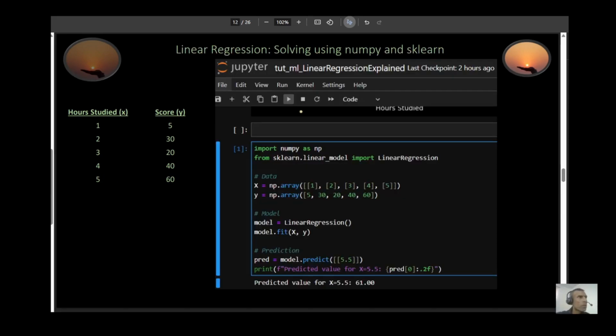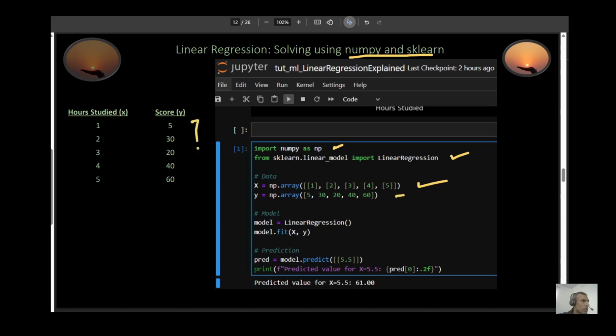You can also solve this problem using the NumPy and scikit-learn packages available in Python. So what I'm doing, I'm importing NumPy as np. I'm calling my linear regression model, and this is my x value, the number of hours the student studies, 1, 2, 3, 4, 5. And this is my y value, which is your score right here.